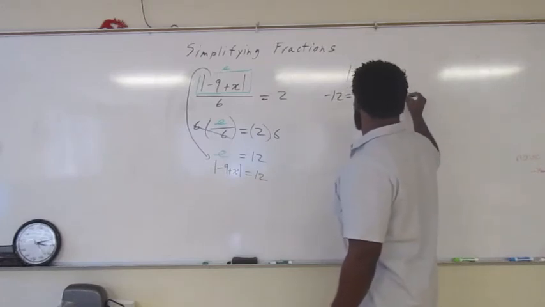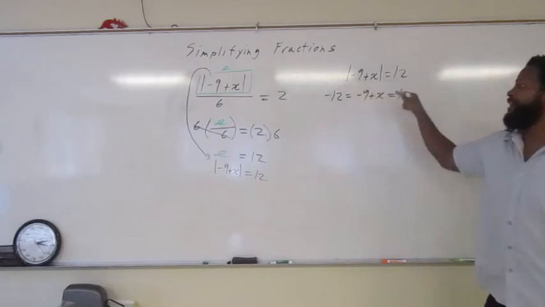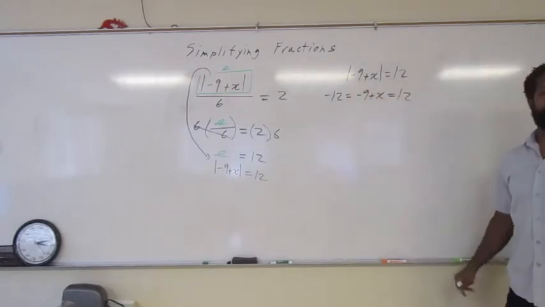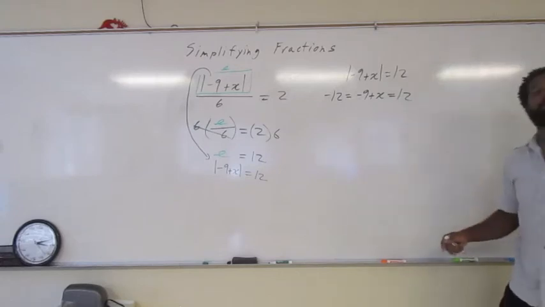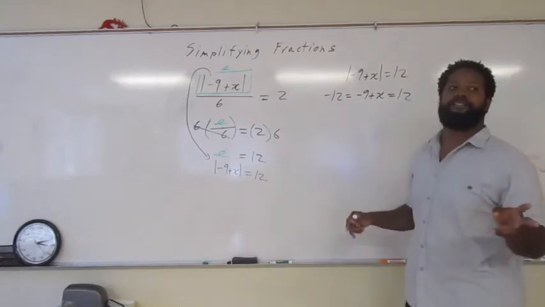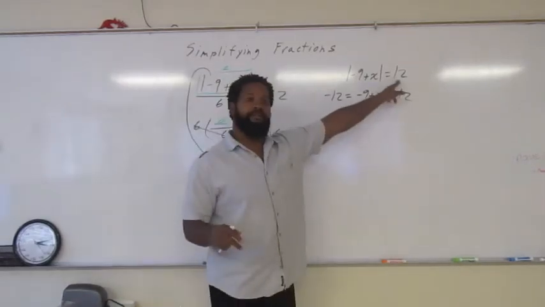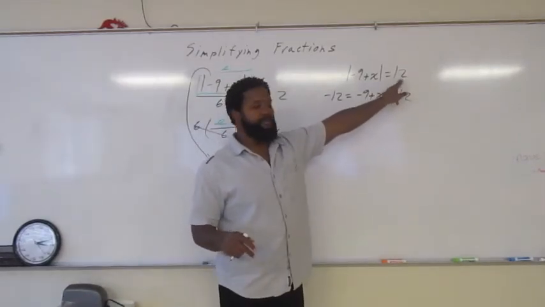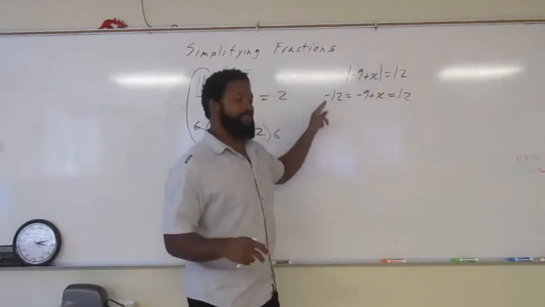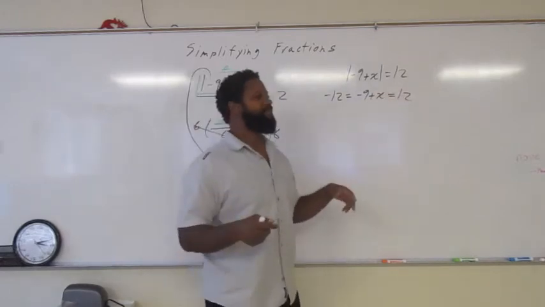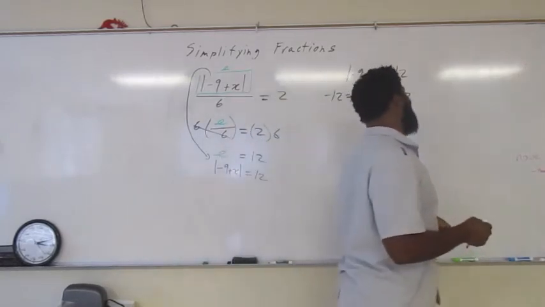That's how we get rid of our absolute value. Whatever it's equal to, just take the opposite of it, because sometimes you might have a negative number over there, so you just take the opposite, which is the positive. But 9 times out of 10, it's going to be positive.